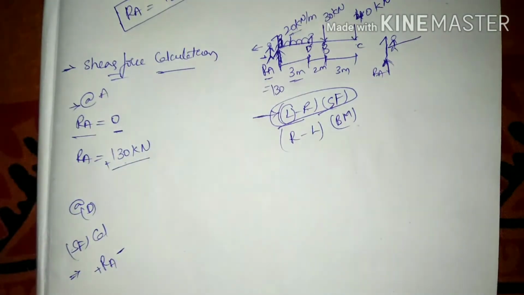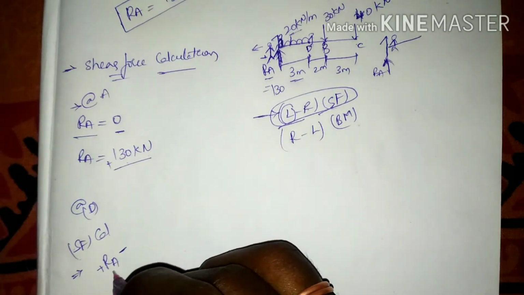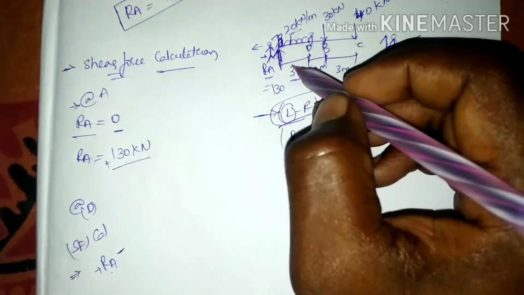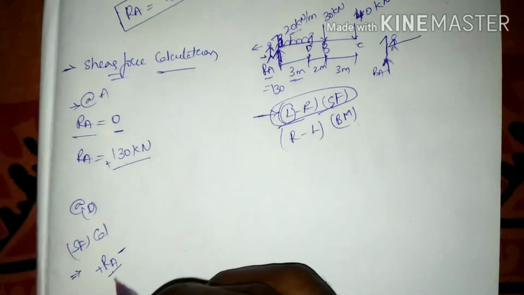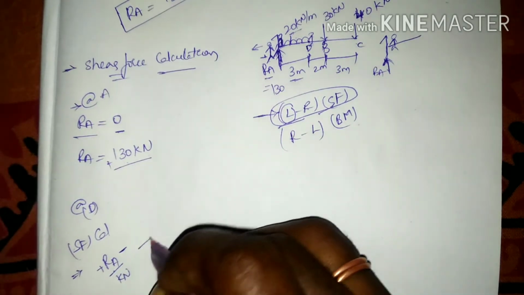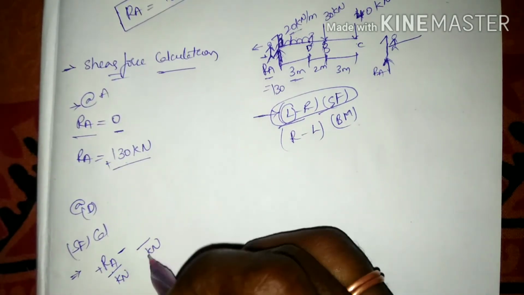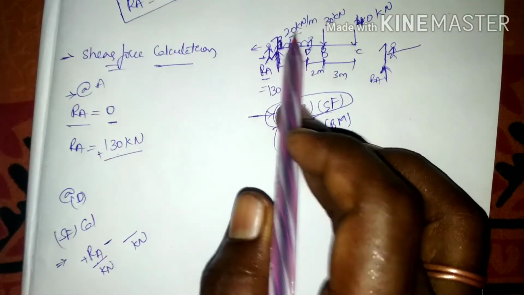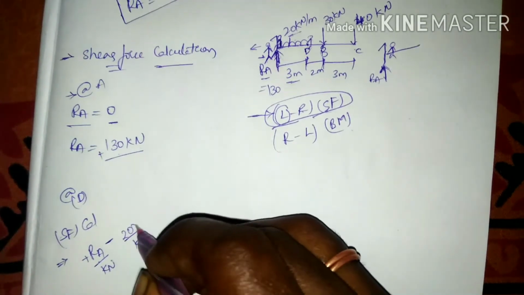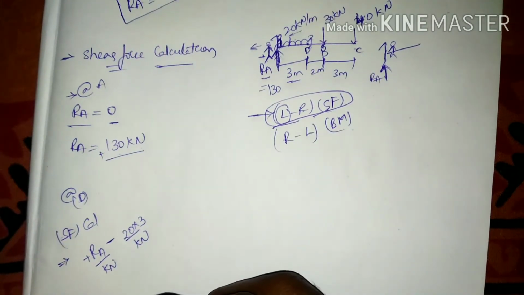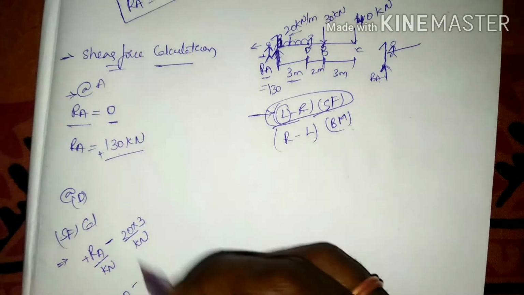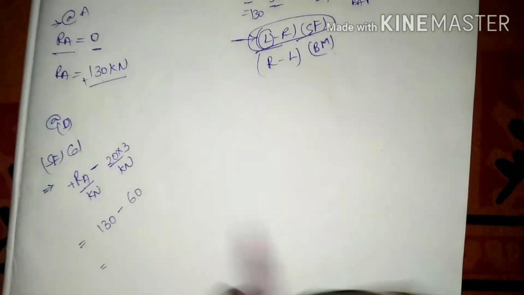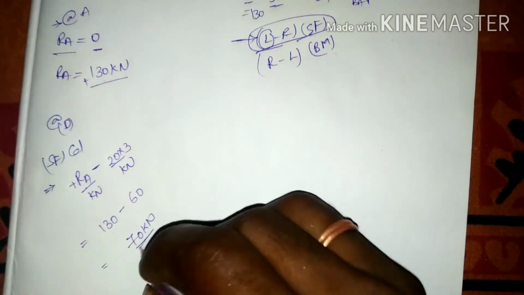We have to subtract from RA the 20 kilonewton per meter into 3 meters. Since both are in kilonewtons, we subtract both terms by converting the UDL to a point load, that is 20 into 3. So 130 kilonewtons minus 60 gives rise to 70 kilonewtons.